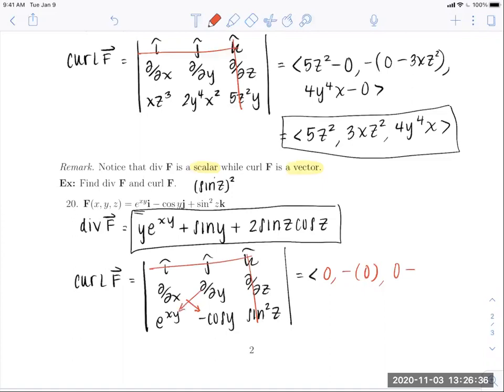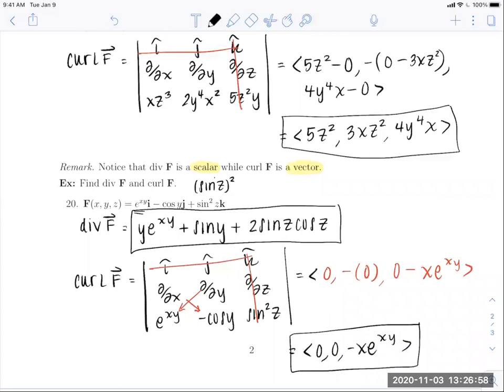So when I take the partial with respect to y of e to the xy, the chain rule is going to kick out an x e to the xy. All right, so for my curl, my final answer is 0, 0, and negative x e to the xy. So there you can see the difference between the divergence and curl.